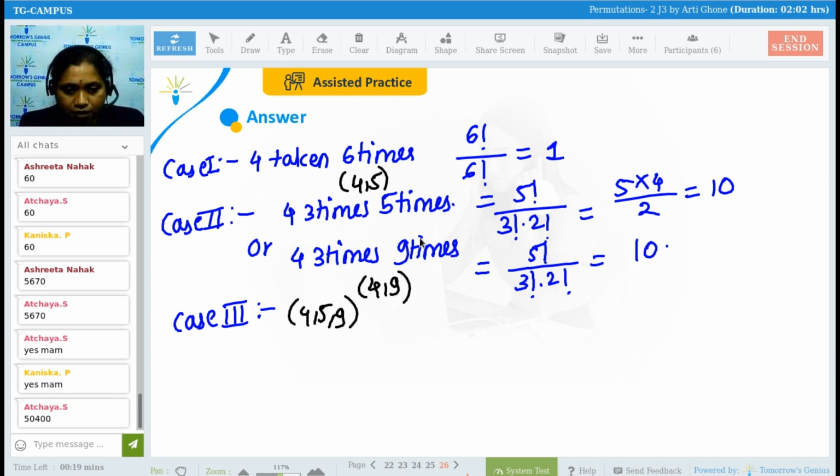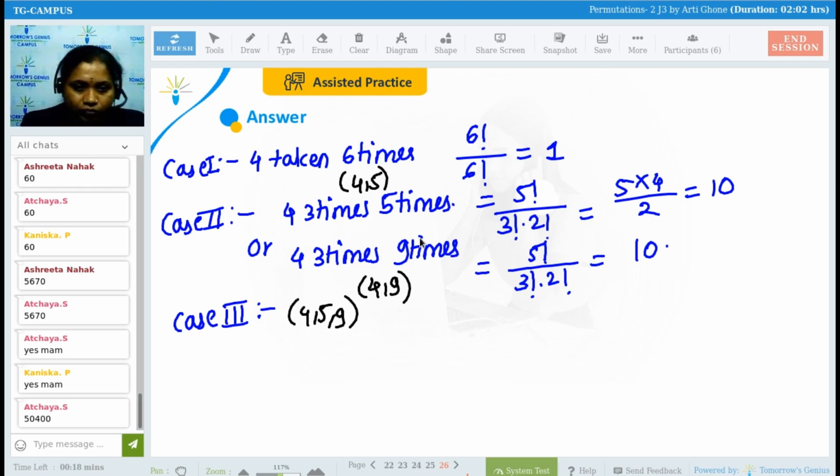There are many cases under 4 5 9. So the cases are 4 5 9 4 4 4, 4 5 9 5 5 5, 4 5 9 9 9 9, and 4 5 9 4 5 9. If you check it later on, you will get the answer.